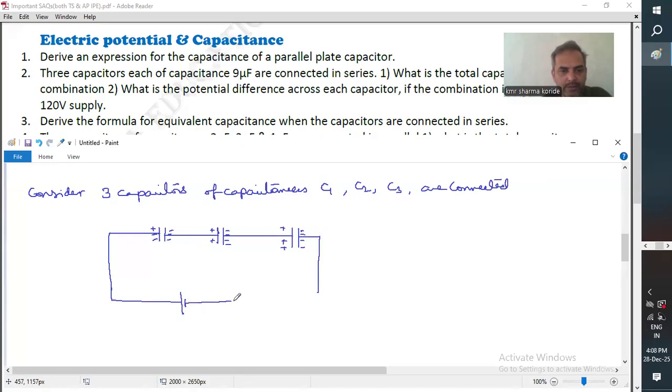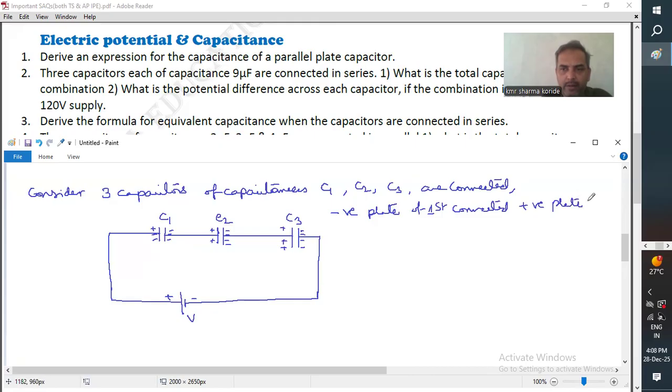This is the positive terminal of the battery. This is the negative terminal. Now this is capacitance C1, C2, C3. Negative plate of the first is connected to the positive plate of the second capacitor.